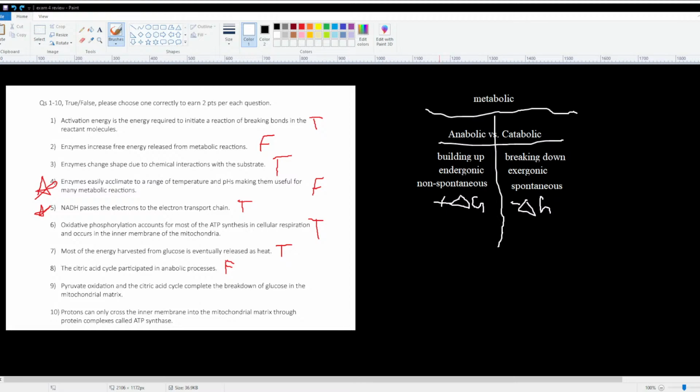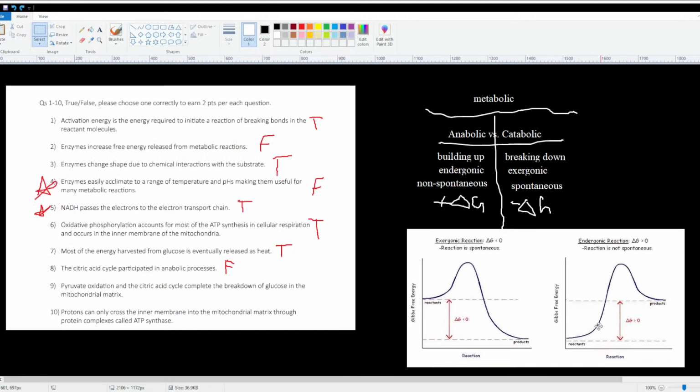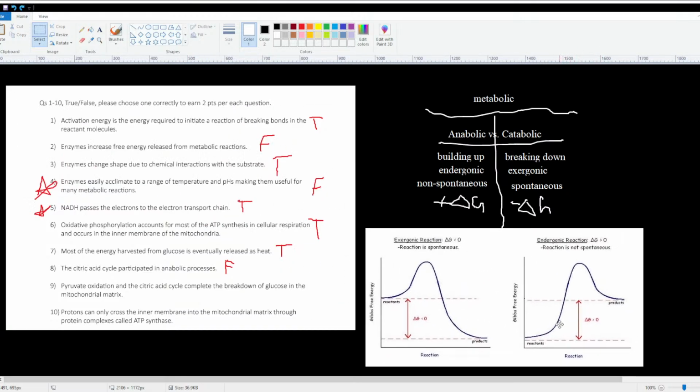So we can go ahead and look back at those energy diagrams. So look at this again, right?